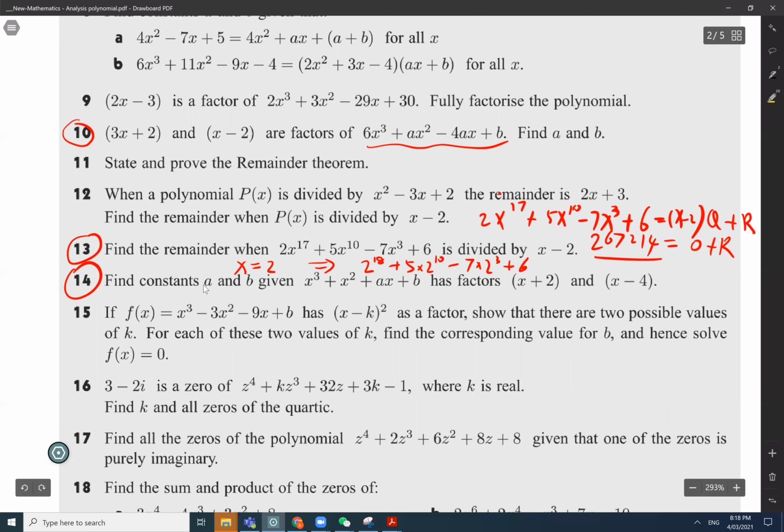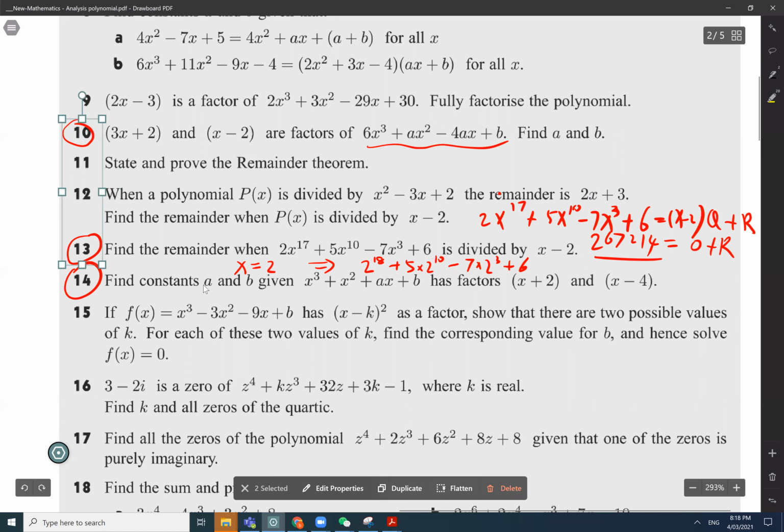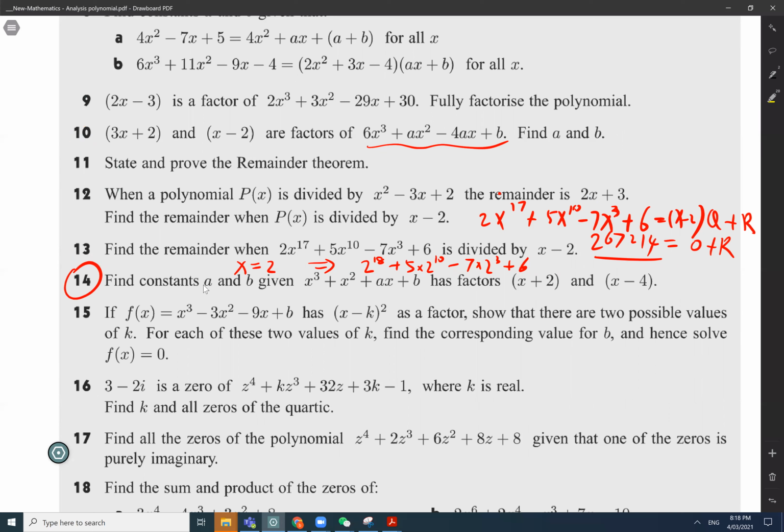Try number 14. Number 14, they told you factor, which means you substitute value into x, you get 0. 4 cubed, 4 squared, 4a equals 0.